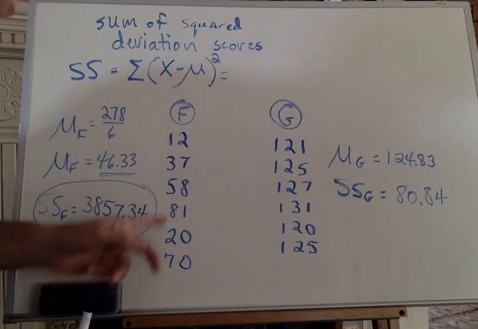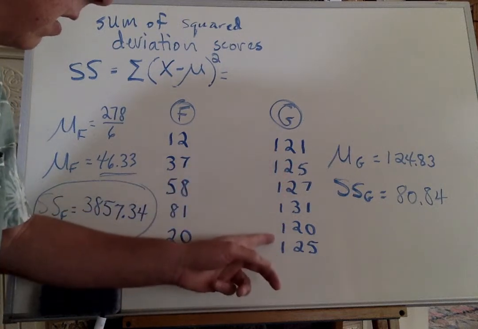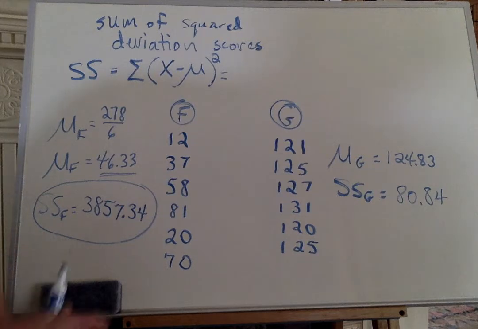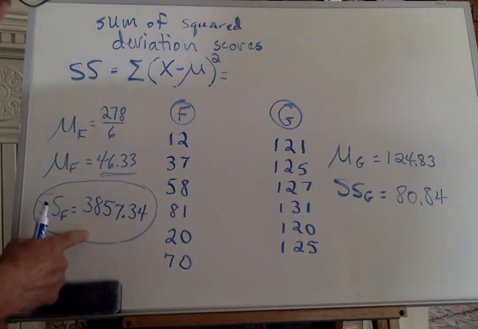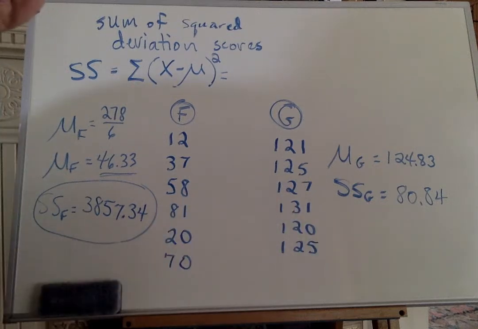There's more variability here than there is here. These numbers look like they're closer together. And so your guess was that group F would have the larger sum of squares. And you were correct. Okay?